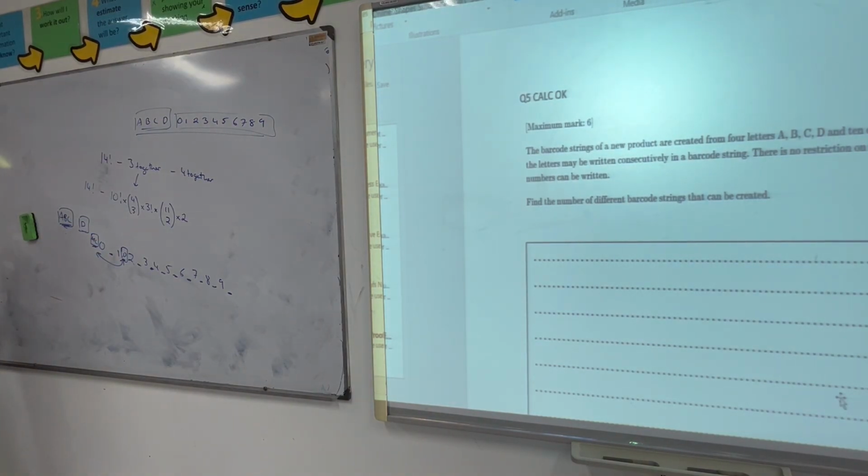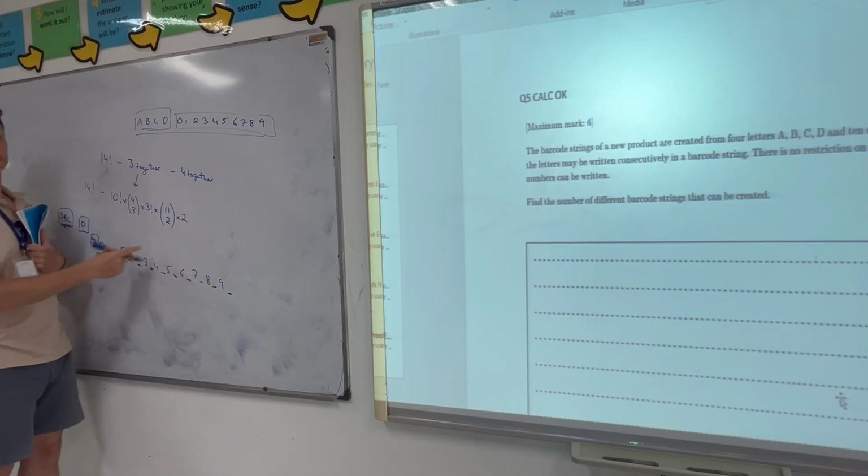So this 11 choose 2 just puts them in these 2 spots, or all the different combinations of those 2 spots. But that doesn't take into account that it would be a different code if they swap positions. So there's double the amount. So that's why I'm now multiplying by 2.